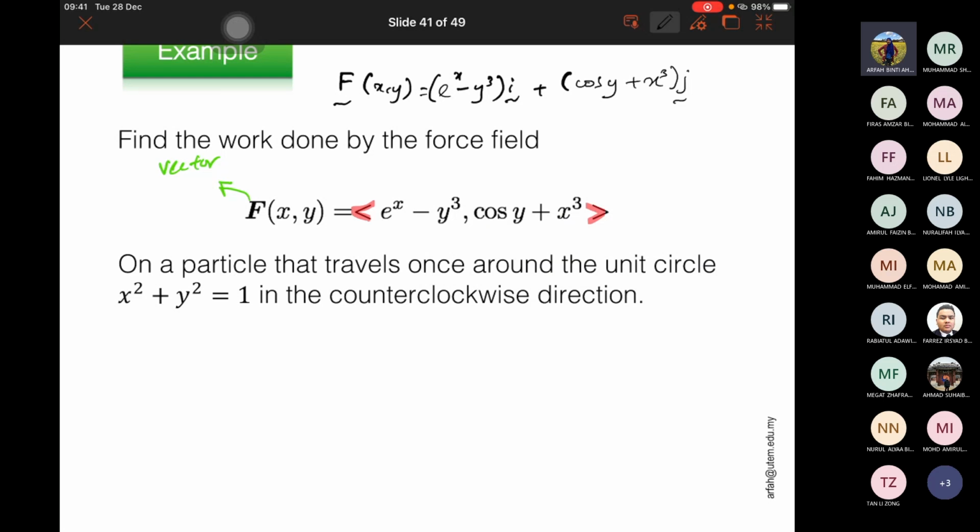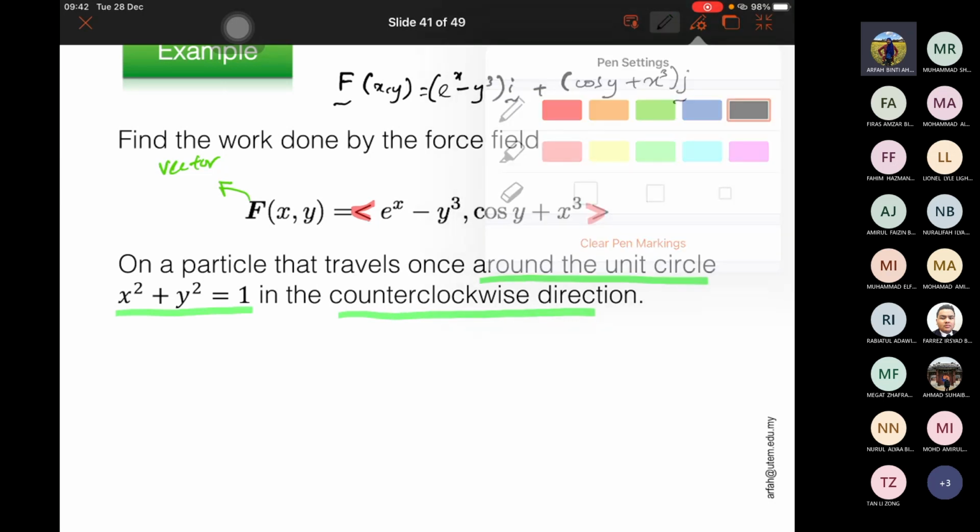Okay. So that is the vector function on a particle that travels once around the unit circle x squared plus y squared equals 1 in the counterclockwise direction. So looking at the question, it says around the unit circle x squared plus y squared equals 1 in the counterclockwise direction. If we draw x squared plus y squared equals 1, it moves in a circle, this one, with radius negative 1 and 1, in the counterclockwise direction.